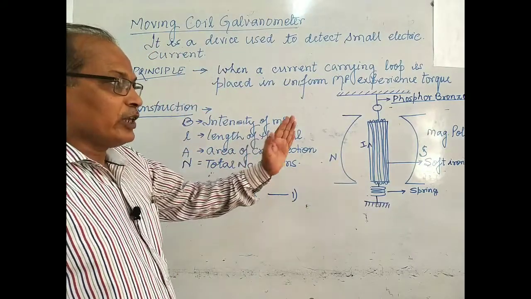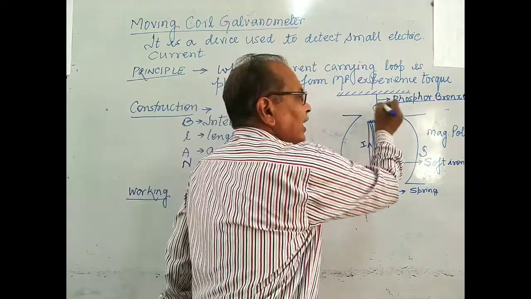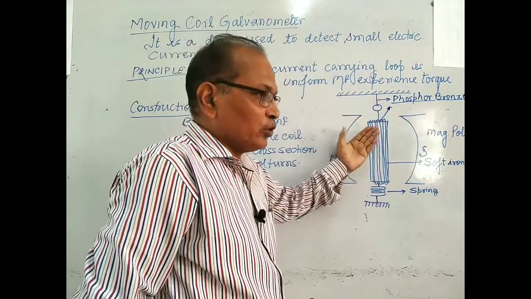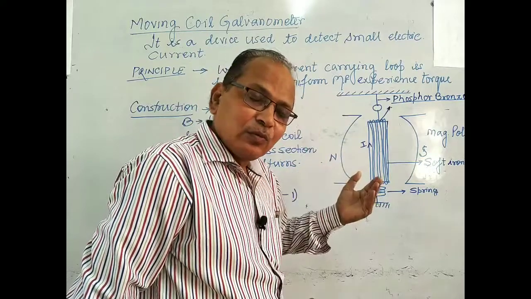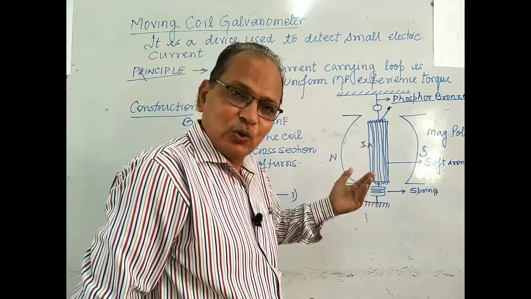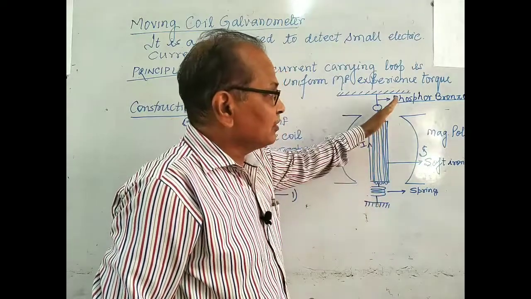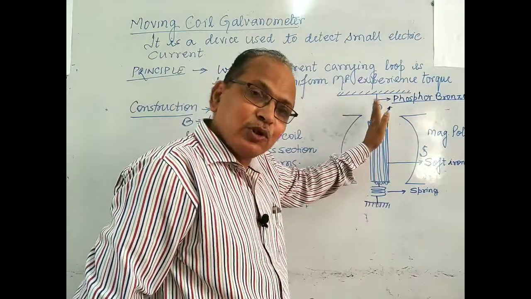Now, if this coil rotates at a particular angle, whatever be the angle, and this needle shows the deflection, and if you stop the current flowing within this rectangular loop, then what happens? Due to the spring, the rectangular loop will come to its original position.